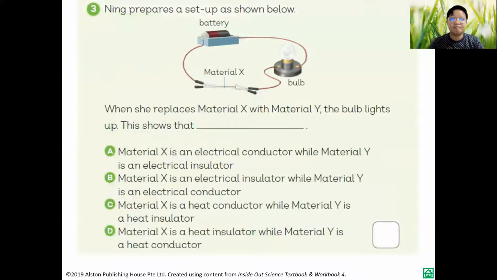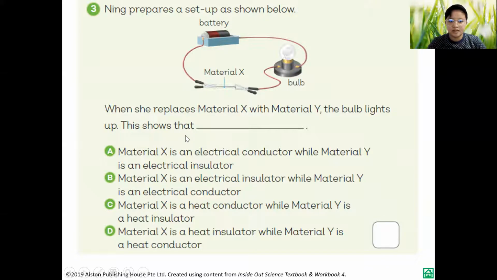Number 3, Ning prepares a setup as shown below. This is the setup. There's the battery, the electrical wires, material X, the appliance, which is the light bulb, and another electrical wire, so it makes a loop. When she replaces material X with material Y, the bulb lights up.